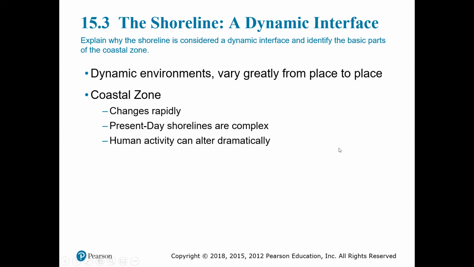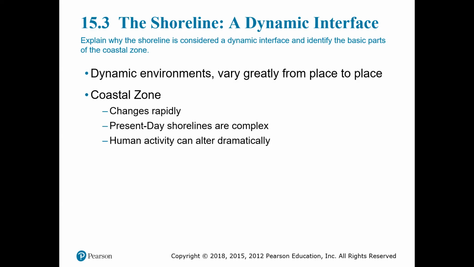So now that we've taken a look at the ocean currents and their interaction, now we're going to take a look at the shoreline. So the shoreline is considered a dynamic interface. Dynamic because it's always changing.